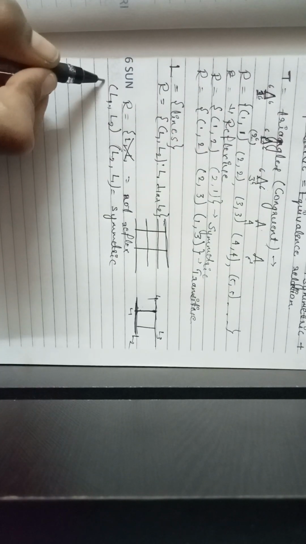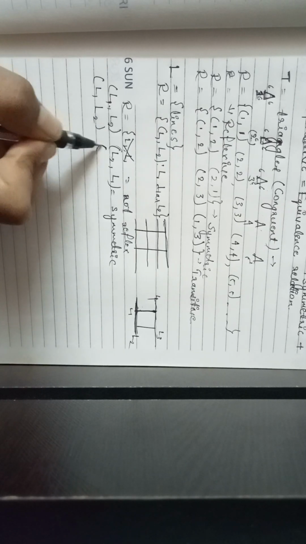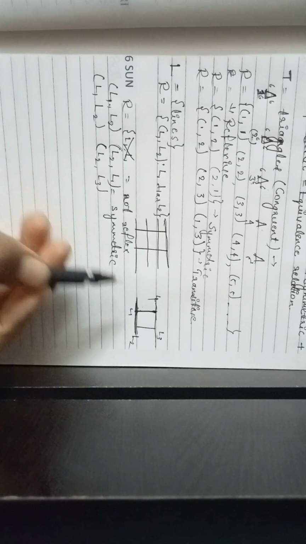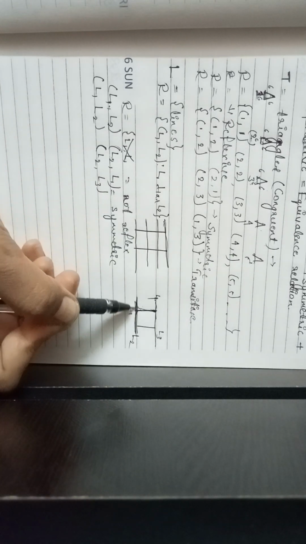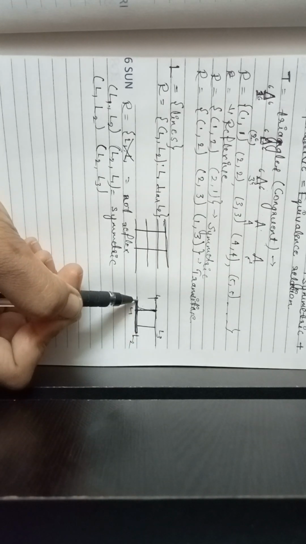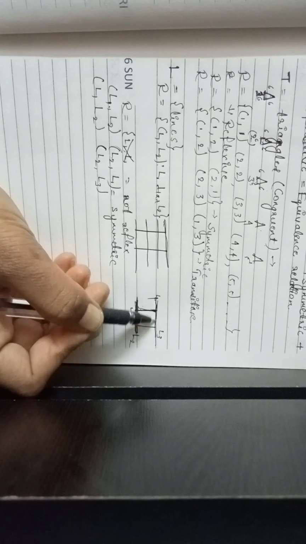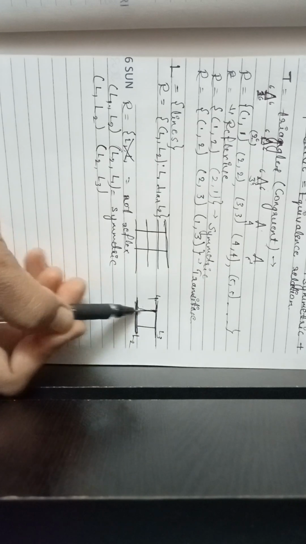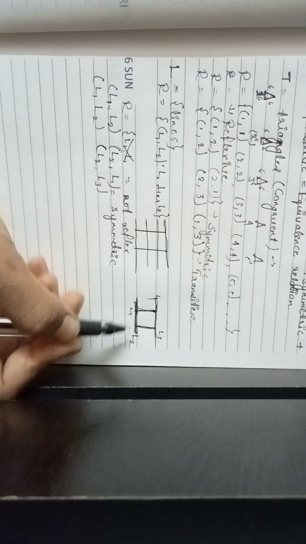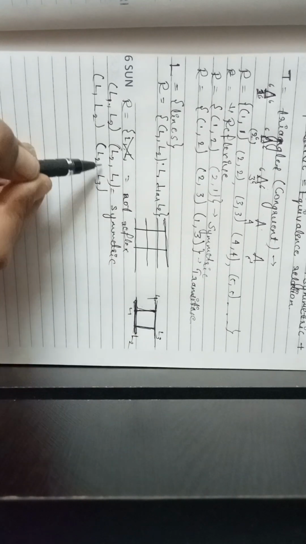Next, I can write L1 comma L2 and L2 comma L3. Now L1 is perpendicular to L2 and L2 is perpendicular to L3. So this is L3, and L2 is perpendicular to L3, so I can write this.